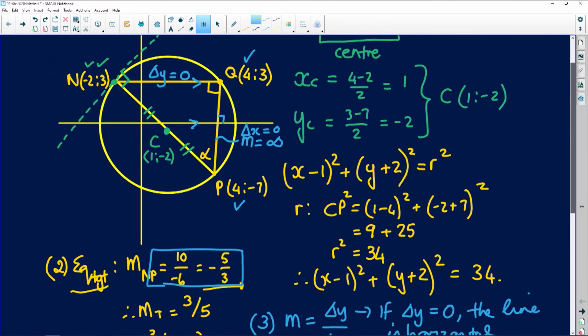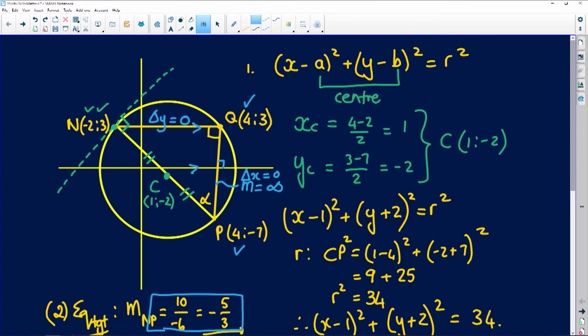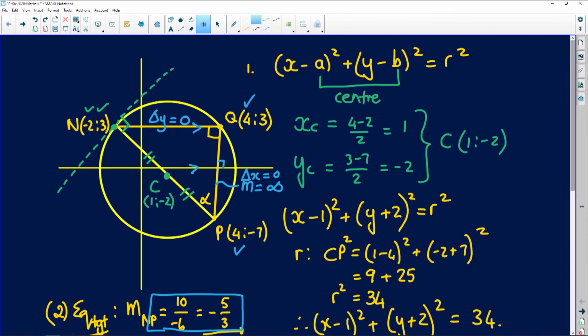This is why it's important to fill all the information in on your diagram. We saw that this line was horizontal, okay? We've got a right angle in our triangle. There's a horizontal line, there's a right angle. So I've got a base and possibly a height. Let's see. What's the length of the base?